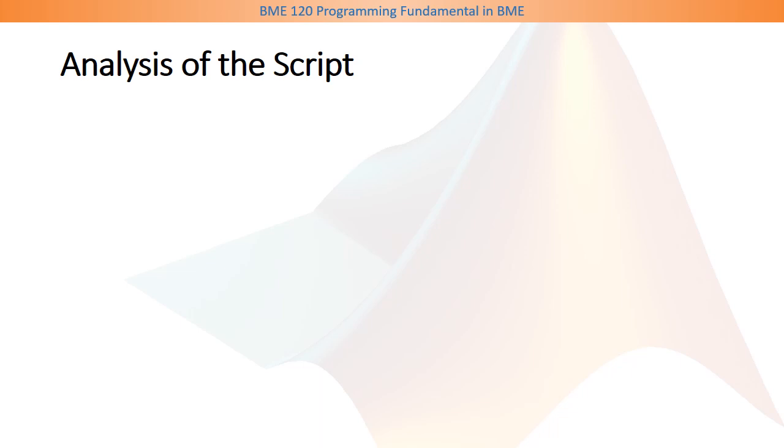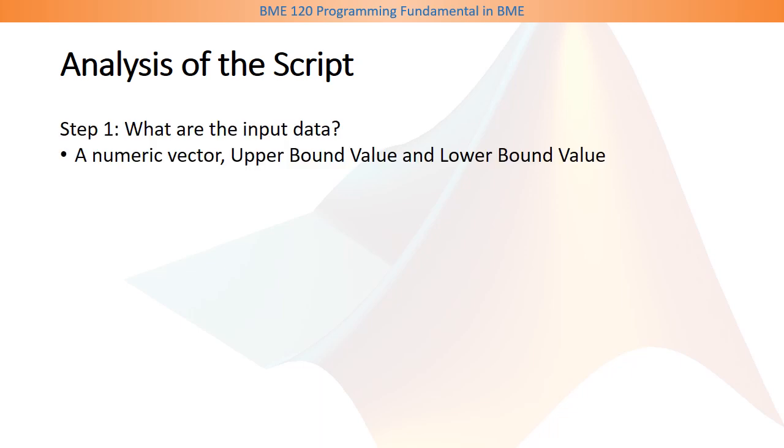Once we are sure that there is no ambiguity in the description of the script, we need to determine the steps of solving the problem. There are typically three steps. The first step is to determine the input data. Here we have a numerical vector, an upper bound value, and a low bound value. Next is to determine how to process the data.